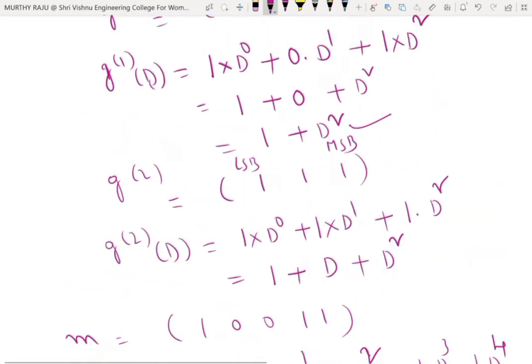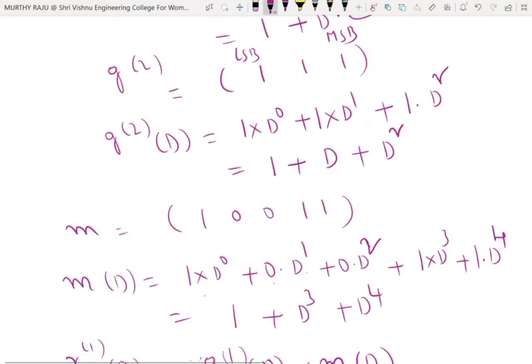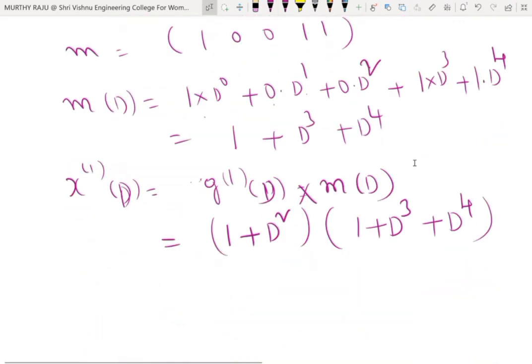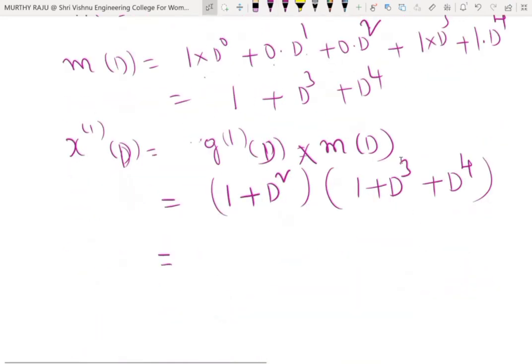We know that g1 of d is equal to 1 plus d square. g2 of d is equal to 1 plus d square. Multiply this with 1 plus d cube plus d power 4.